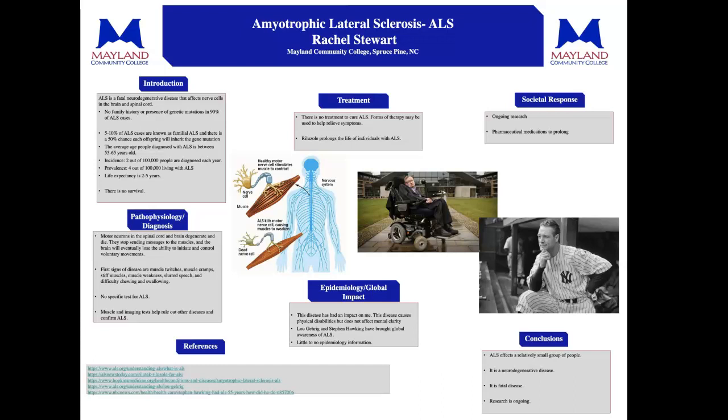They don't know how he was able to live that long. But he was first diagnosed when he was 21 years old, and he survived for 55 years, like I said. Doctors and scientists think that he probably had a very rare type of ALS that was not as progressive as other types of ALS.